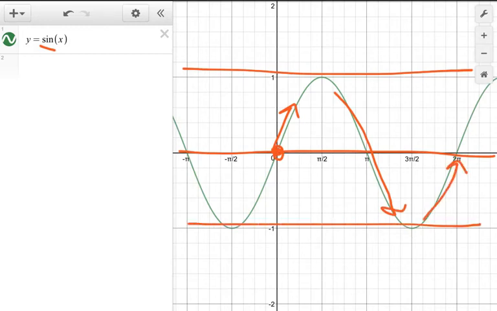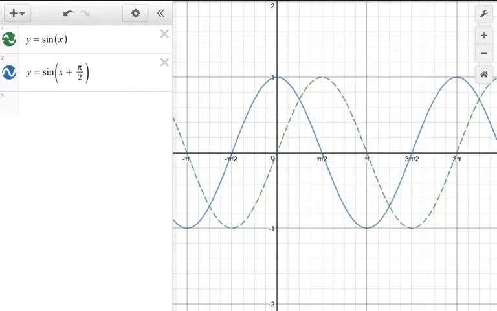And then it ends back at the midline. So that's one full cycle of a sine curve. If I change the horizontal shift, so here I'm adding pi over 2, this is going to be a shift to the left of pi over 2 radians. So notice that all of my points have been shifted to the left, pi over 2 radians.